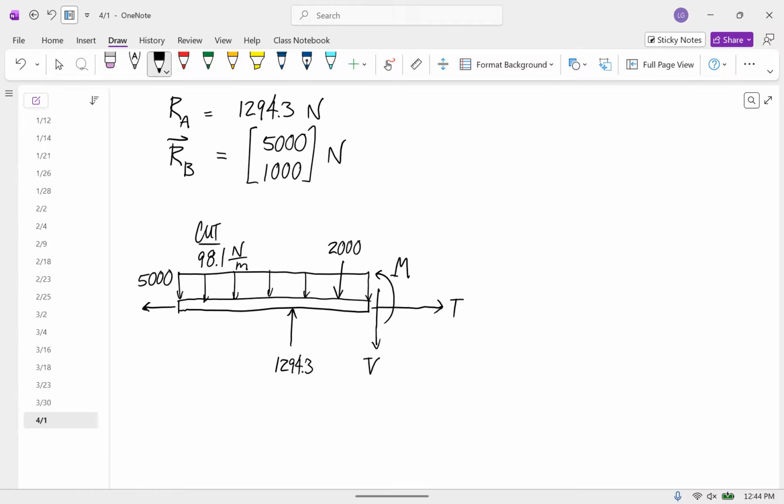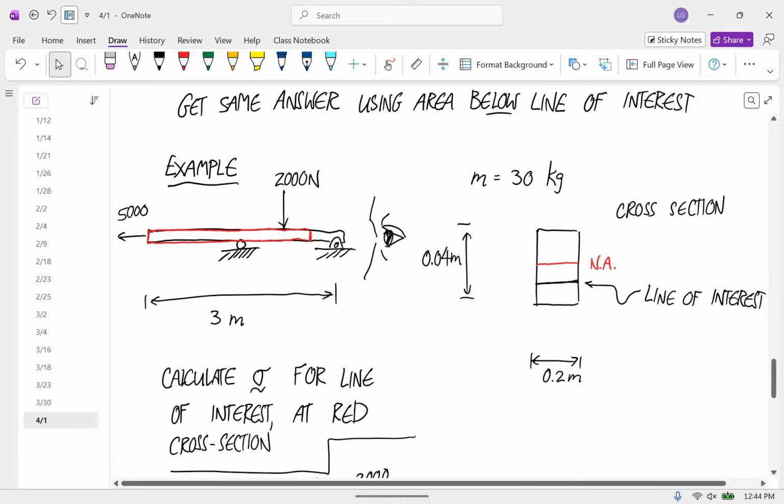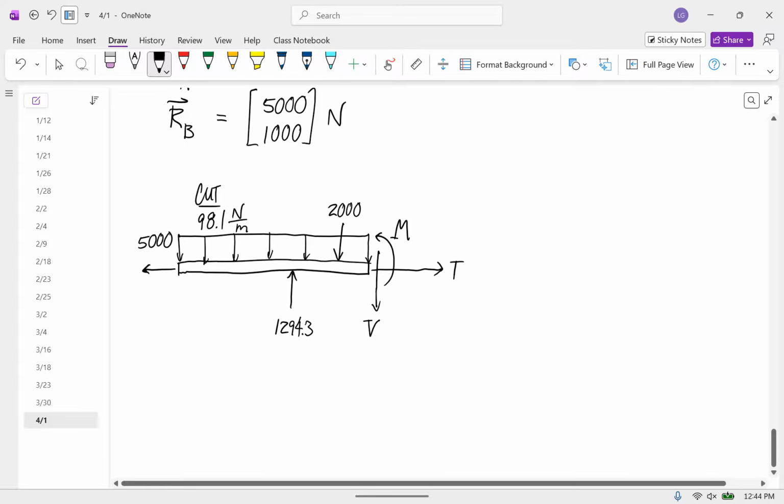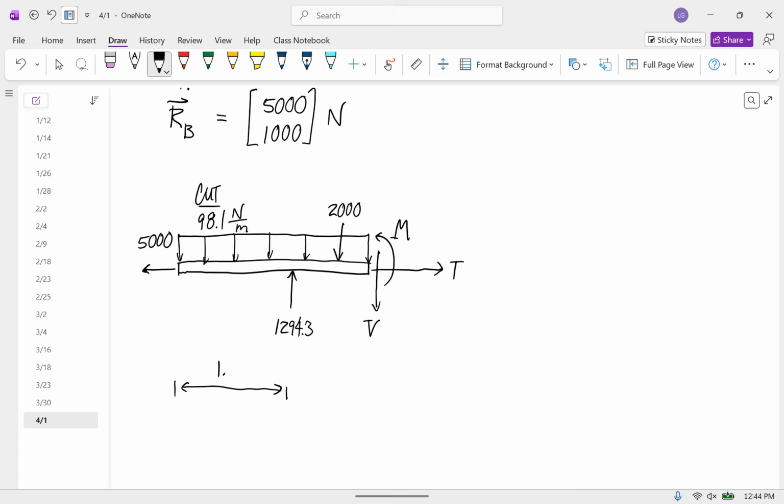So the weight is like the length of the beam, all of it? All of it. So all the way from the left end to the pin. So the length of ours, now we have to figure that out. Let's calculate these lengths. So this is 1.5. This one is 2.25.